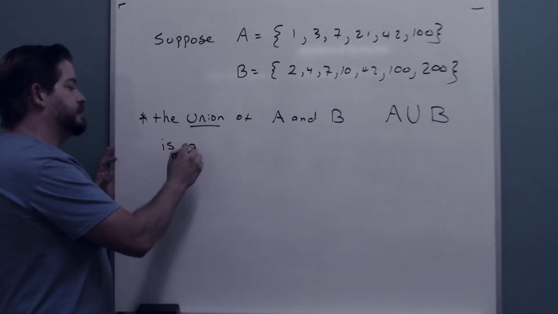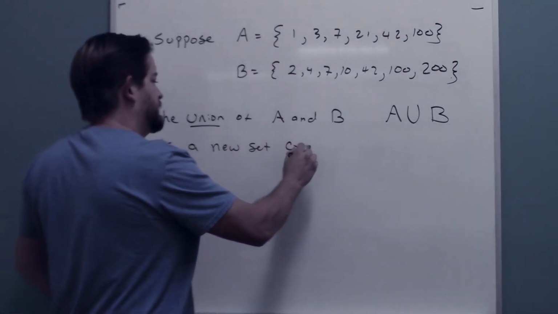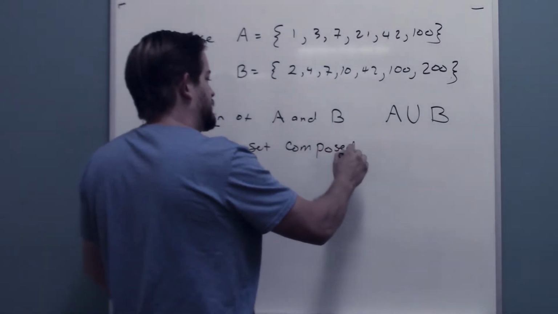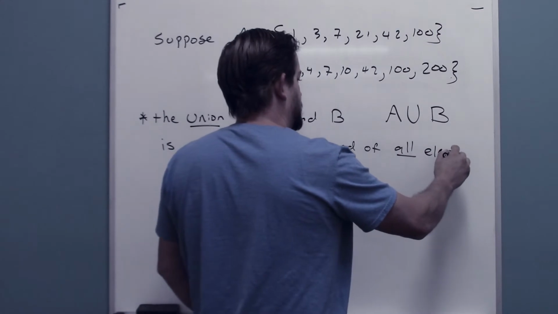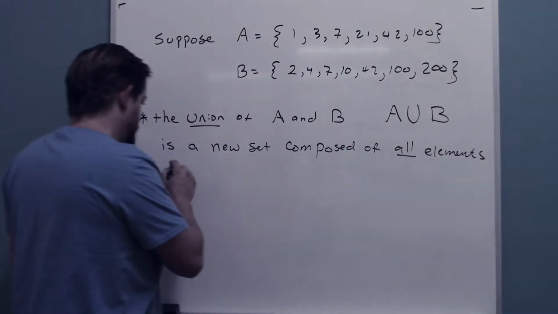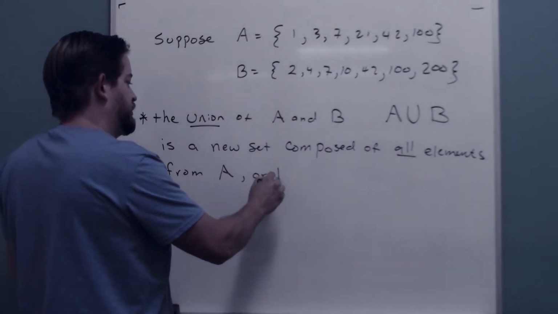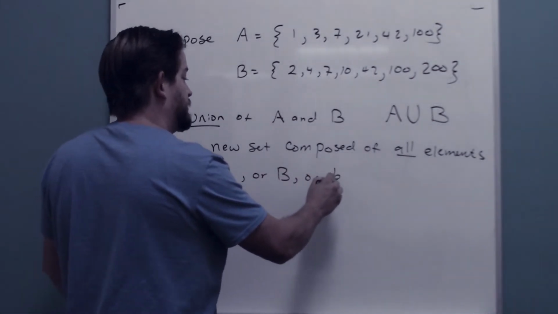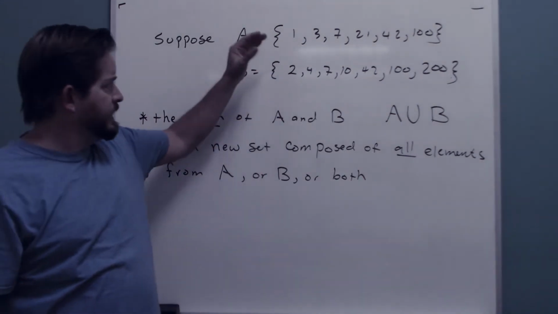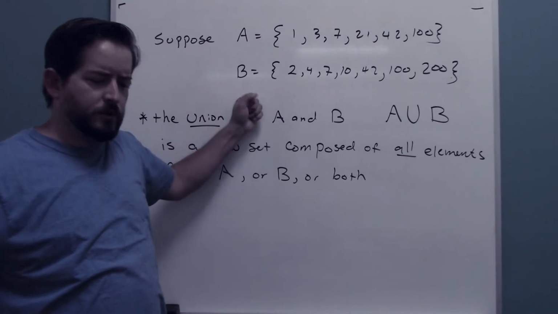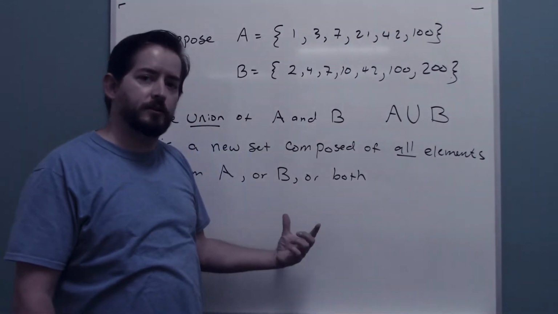Is a new set composed of all of the elements from A or B or both A and B, right? So it's basically everything. We're taking everything from A, we're taking everything from B, we're chucking it into a barrel, and we're calling it the union. Everything that's there is now a new set.